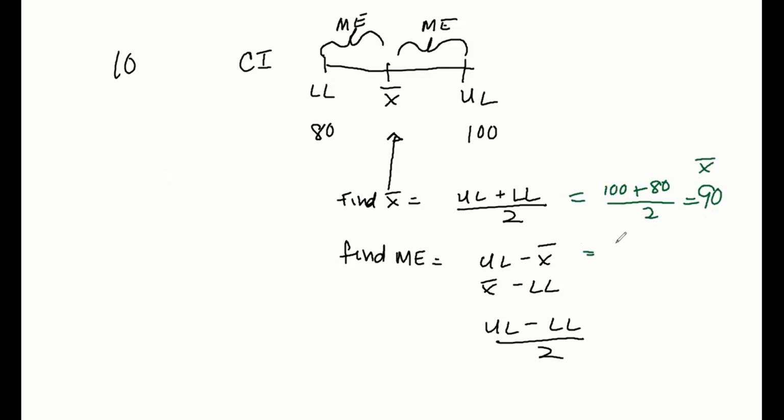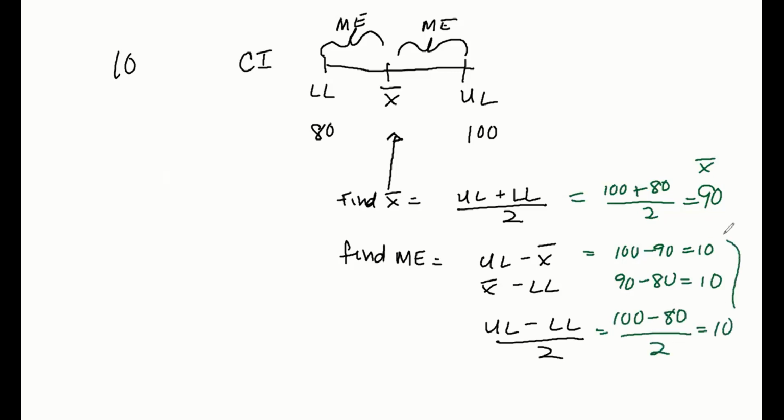And I could do 100 minus 90 to get 10 for the margin of error, or I can do 90 minus 80 to get 10. Or if I didn't want to find X bar first, I can just do 100 minus 80 over 2, which is also 10. So any of those ways will work to get you that 10.